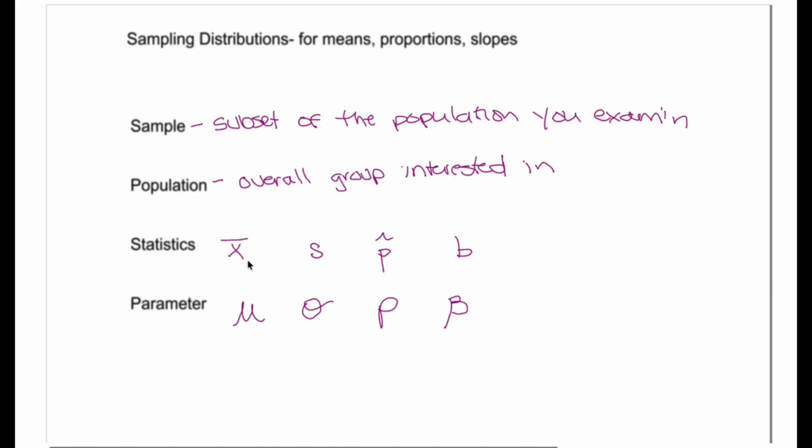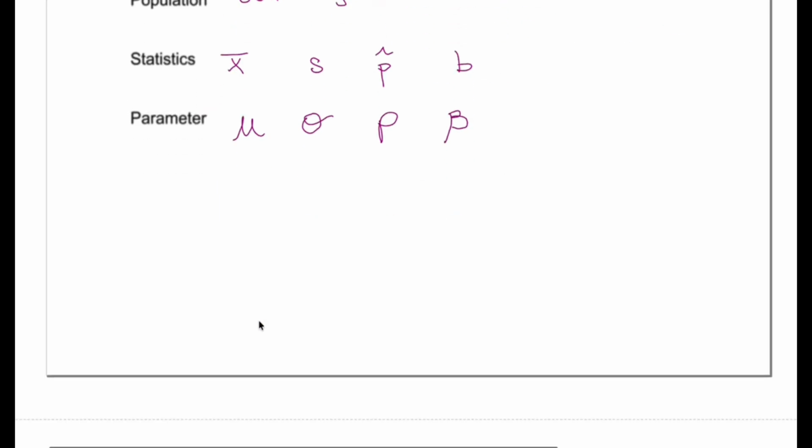So when you're doing a sampling distribution, x bar means the mean for the sampling distribution, s means the standard deviation for the sampling distribution, p hat means the proportion for the sampling distribution, and beta, I bet it's slope, right? It's a linear slope. Yeah, it's all Unit 8 stuff. So feel free to check my video for that in my playlist. Parameter: those are all the corresponding notations for the population.